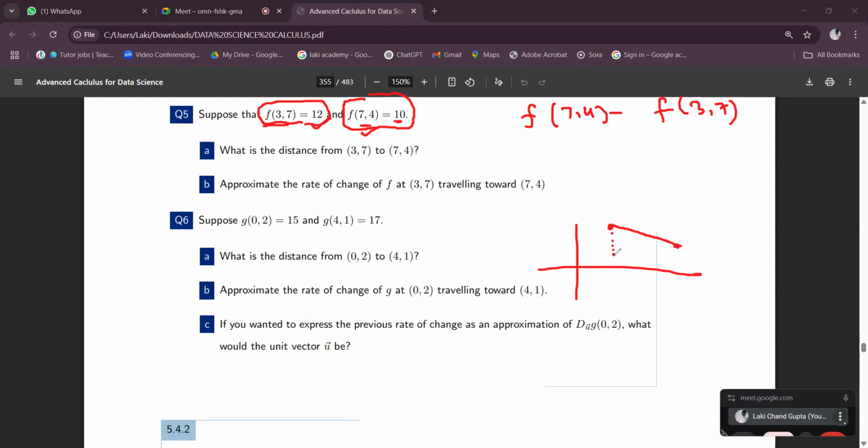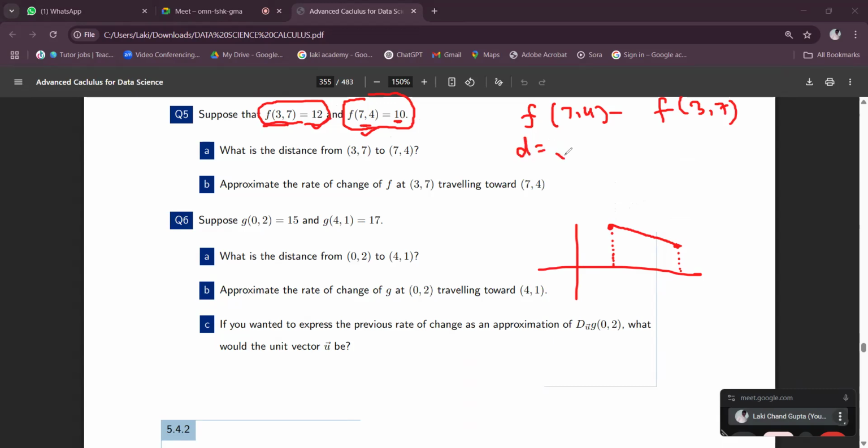Between two points, it's the square root of (y2 minus y1) square plus (x2 minus x1) square, right? But this is a function actually, not just two points. Yes, you can find it using these two points.